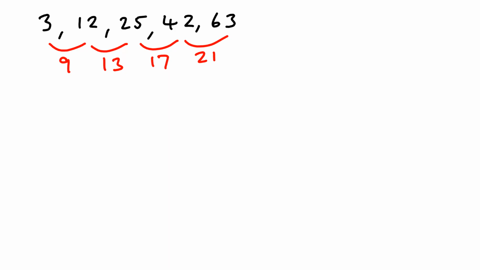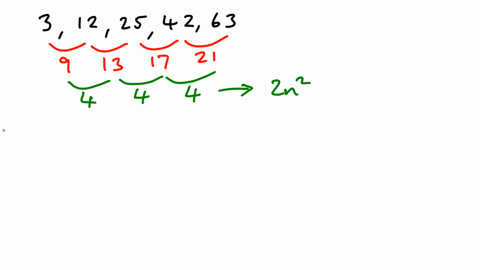They're obviously different, so we have to work out the second differences. Hopefully you can see all the second differences are 4. Because the second differences are 4, I halve 4, and that tells me how many n squareds I've got in my nth term. Half of 4 is 2, so I know I'm going to have 2n squared as part of my formula.